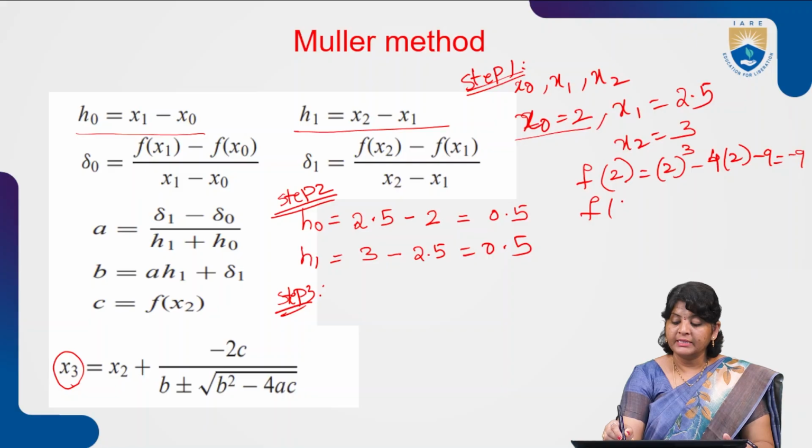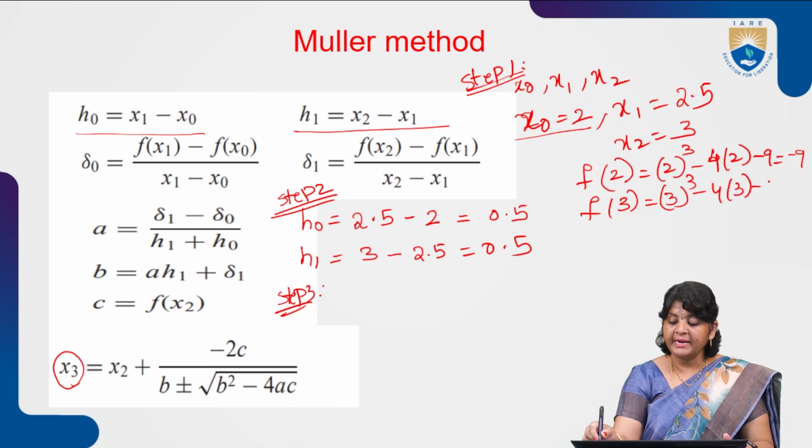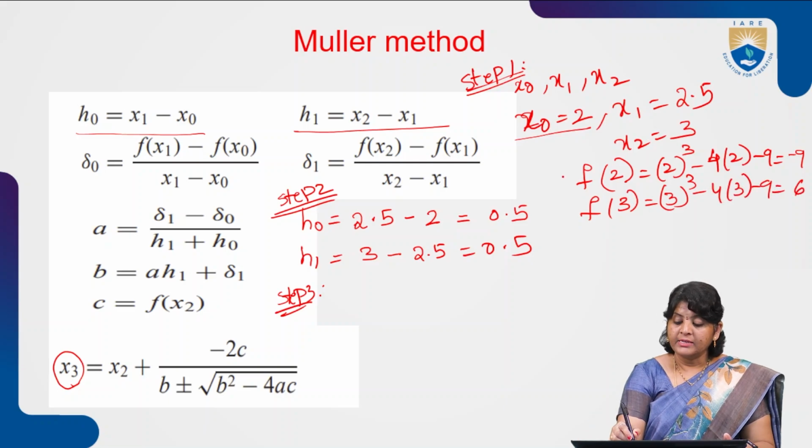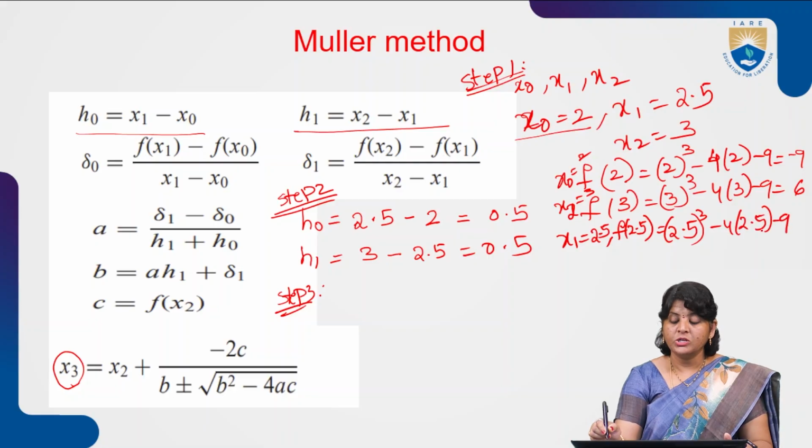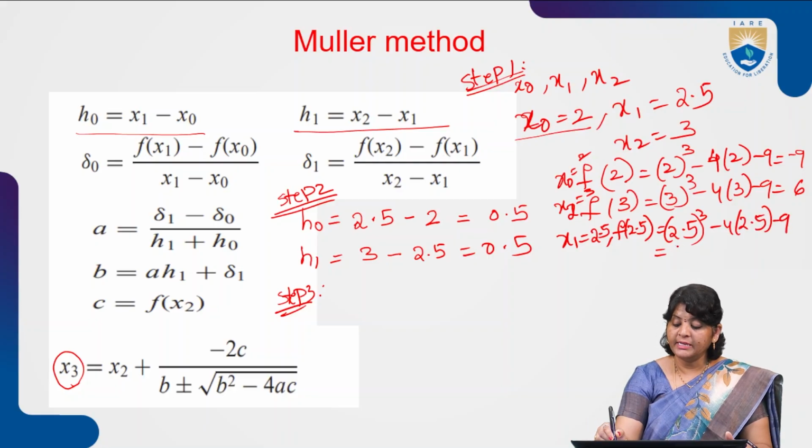And f of 3 is 3 whole cube minus 4 into 3 minus 9. This is 6. Here x0 is equal to 2, x2 is equal to 3, and x1 is equal to 2.5. That is, f of 2.5 is equal to 2.5 whole cube minus 4 into 2.5 minus 9.